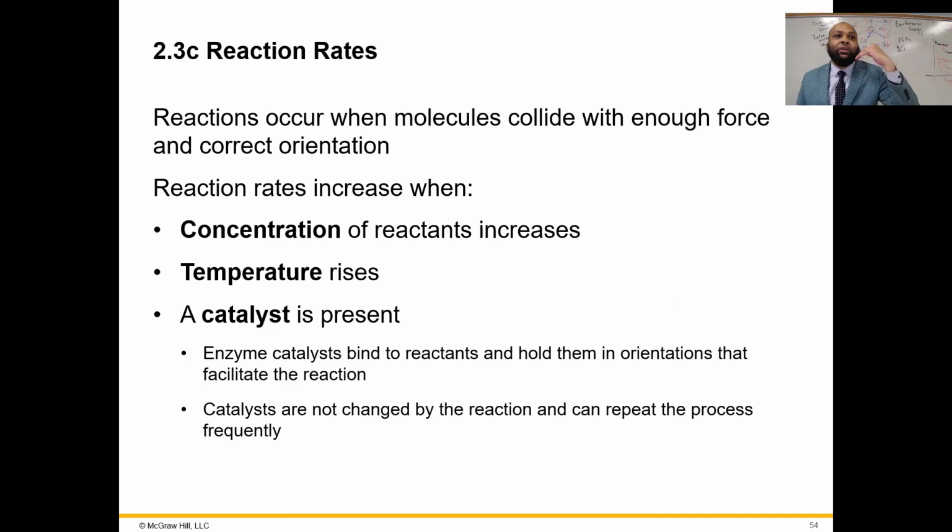So you can increase the concentration, which will initially speed up the reaction. But if you add too much, then the reaction rate is not going to be affected. So the concentration increases the rate up to a limit. With the temperature, you heat things up, the reaction is going to go. But if you heat it too much, then that's going to destroy the enzymes.